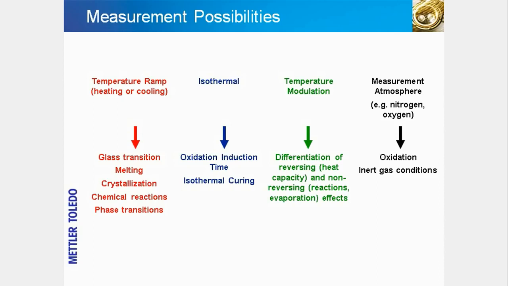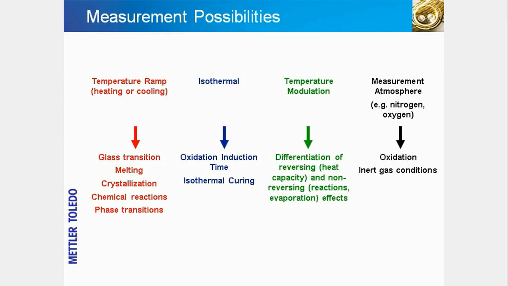Isothermal temperature experiments are mainly used to determine the oxidation-induction time of materials or to study chemical reactions. Temperature-modulated experiments enable you to separate reversing and non-reversing effects. For example, the glass transition from simultaneously occurring reactions or evaporation.